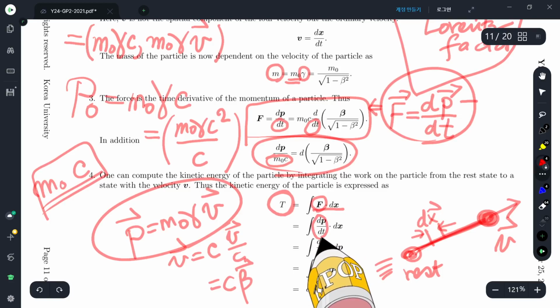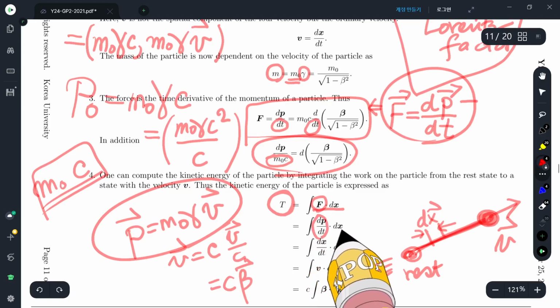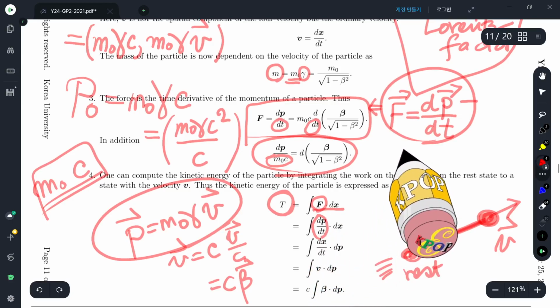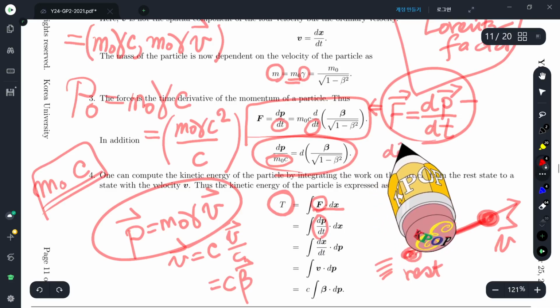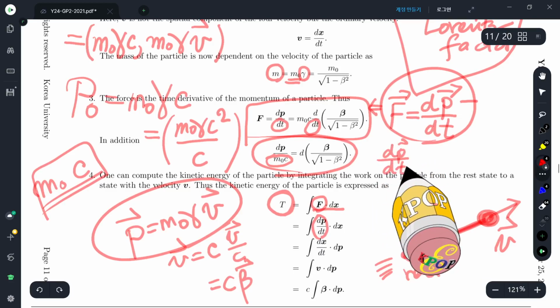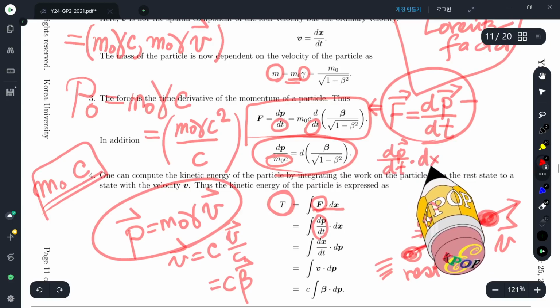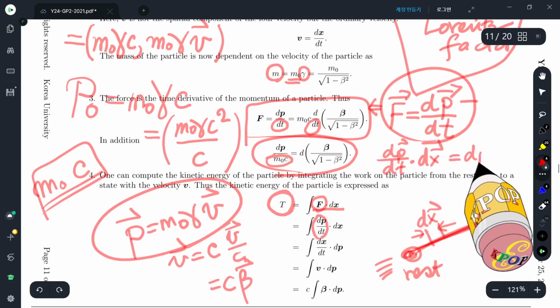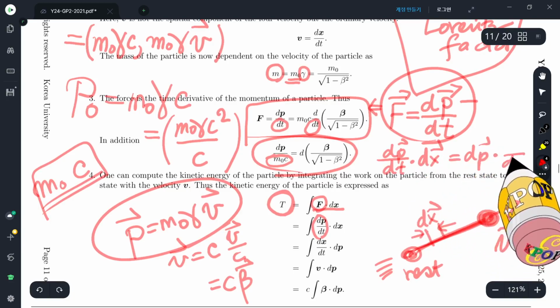We change the variable from x to velocity, meaning dp over dt dot dx can be written in the dp dot.